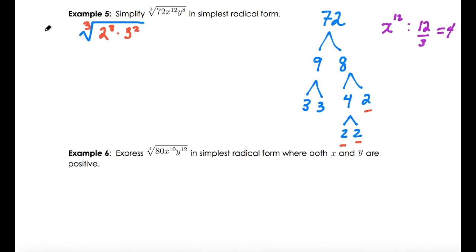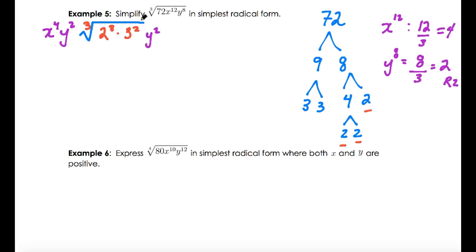You're going to have an x to the 4th out here, and I can show you why in a second. And then y to the 8th, if you divide that by 3, 8 divided by 3, you get 2 with a remainder of 2. So you're going to have y squared come out, but you're also going to have y squared underneath.